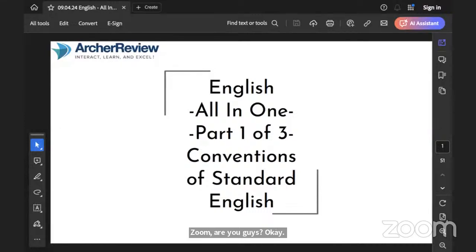Do I only teach English? No, I actually also do the reading section as well. So next week I rotate off. Next week I'll do reading, that back and forth. So we'll rotate off. Any other questions?